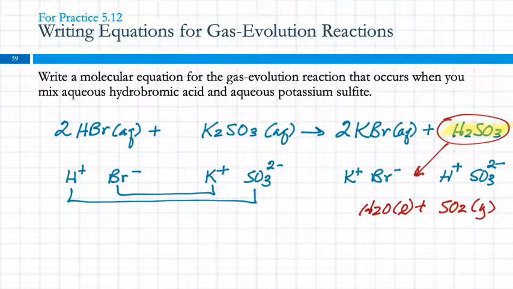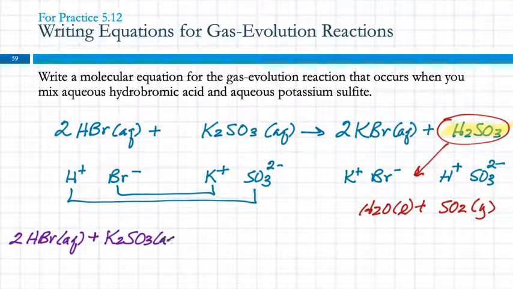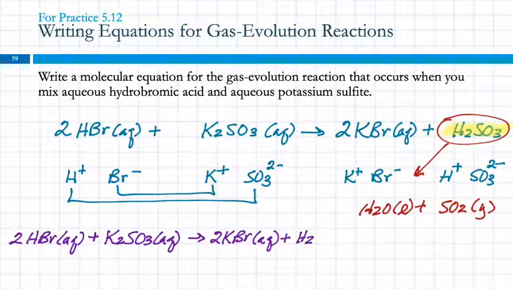So now, as my final answer, I'm going to copy down the final answer. So HBr aqueous plus potassium sulfite is going to form 2 KBr aqueous plus, now instead of H2SO4, I'm going to write what it falls apart into.